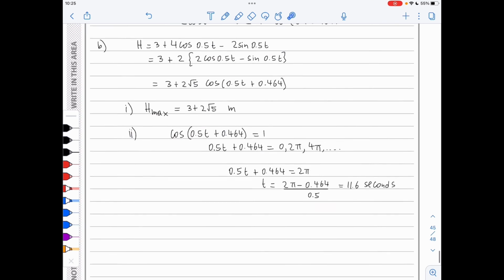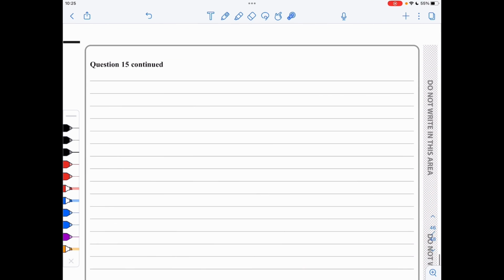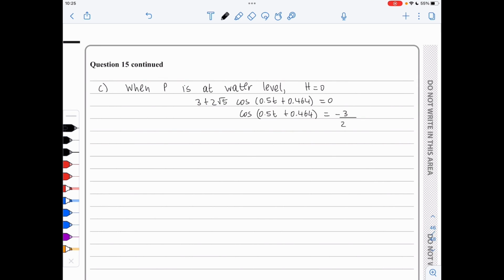So I start by saying that for P to be at water level, it means that capital H is 0. So when P is at water level, capital H is 0. So we've got that 3 plus 2 root 5 cos of a half t plus 0.464 is 0, which means that cos of a half t plus 0.464 is minus 3 over 2 root 5.